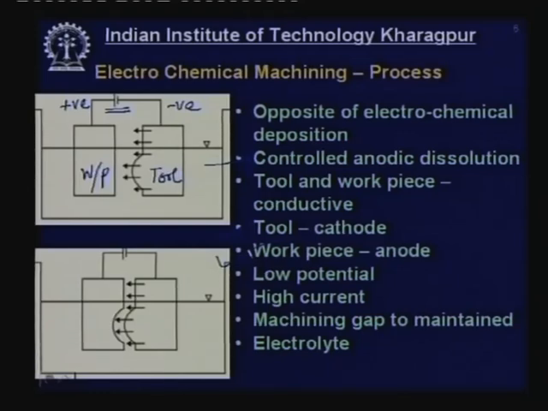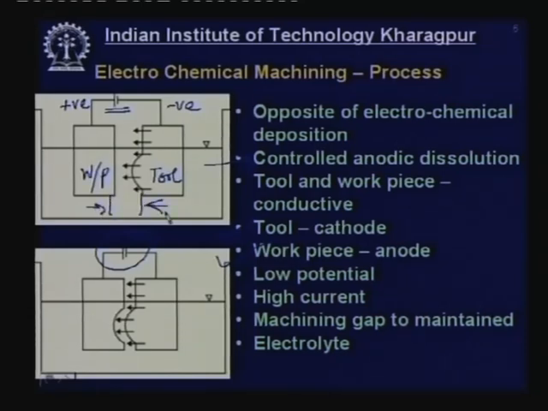There are other characteristics of the ECM process as well. Typically, the voltage applied is low, it is a low potential, but the amount of current which passes through this particular electrochemical cell is rather high. Now, there is a machining gap.